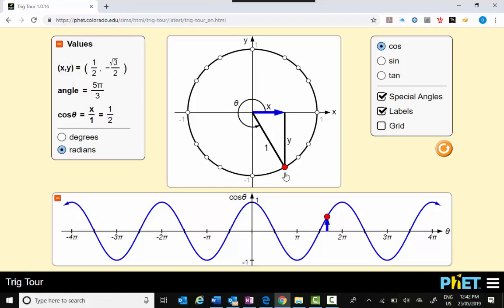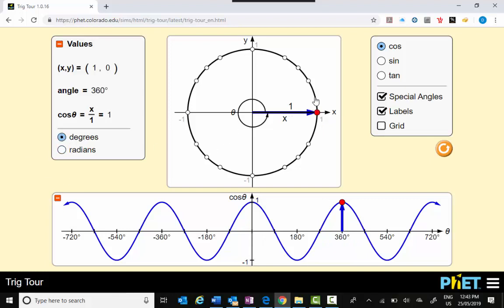One complete circle is in fact 360 degrees. Now, you can either have this in radians or degrees, and we'll talk about that in a second.